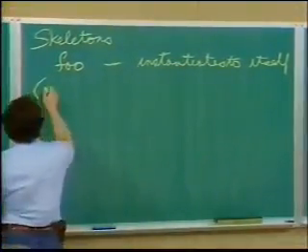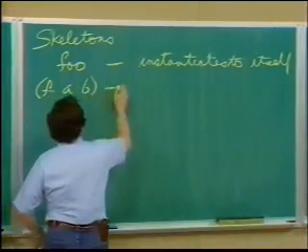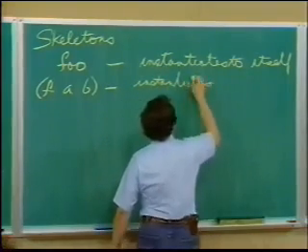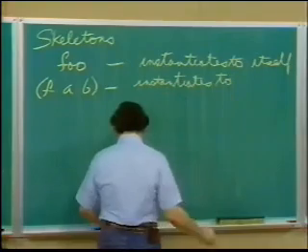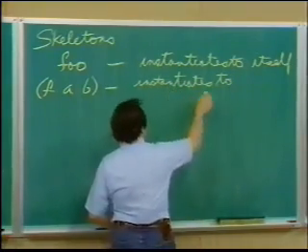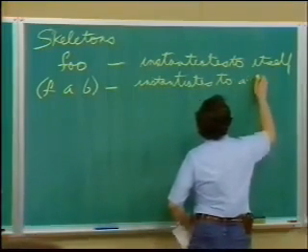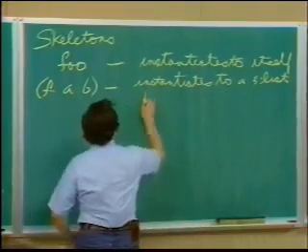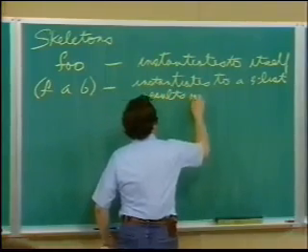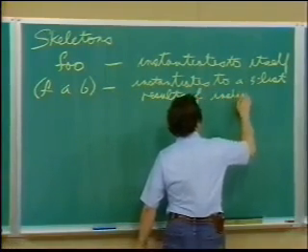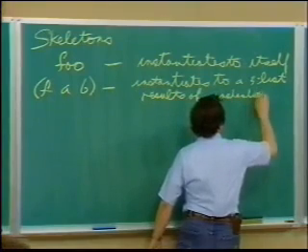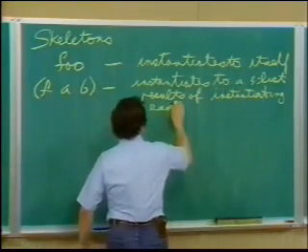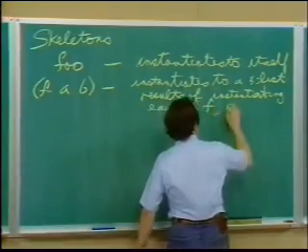Something which is a list, like f of a and b, instantiates to a three-element list, a list of three elements, which are the results of instantiating each of f, a, and b.